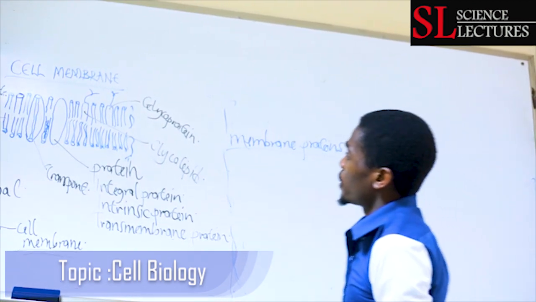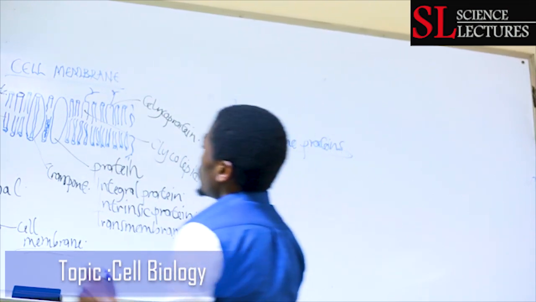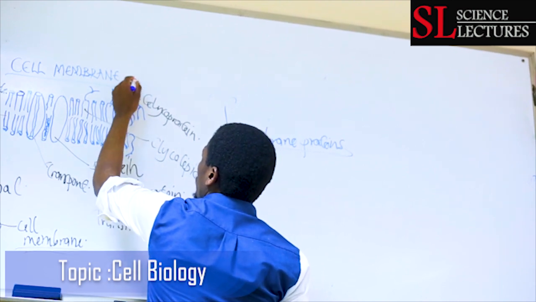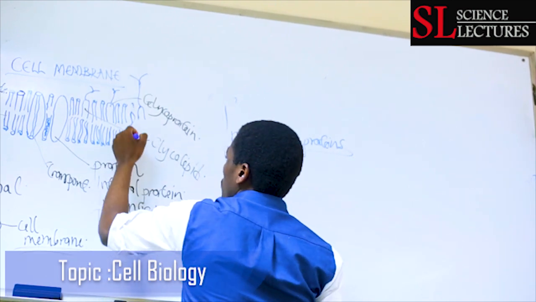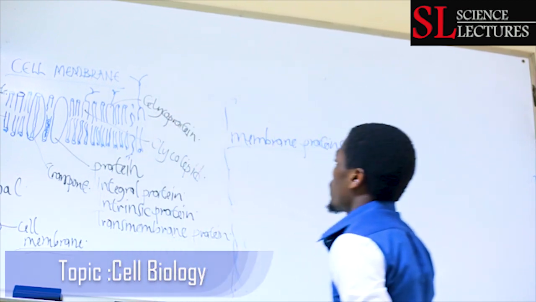We said we have proteins that span along the entire membrane, but we can also have proteins within just the membrane. They are freely floating within the membrane. Let's say that is the protein there, but not spanning through the entire membrane.